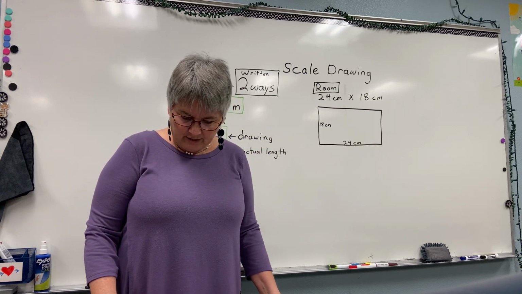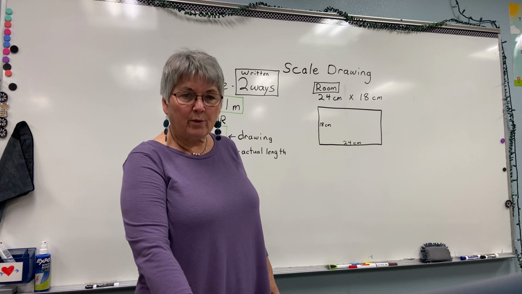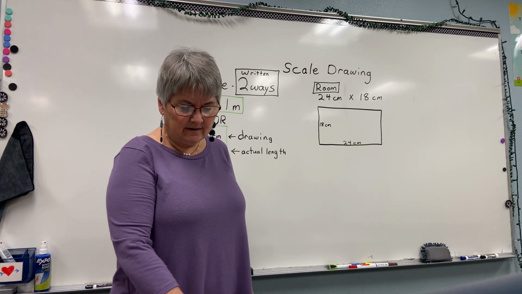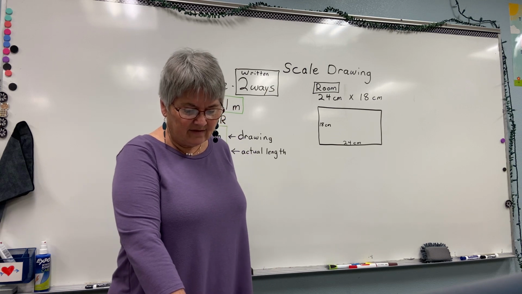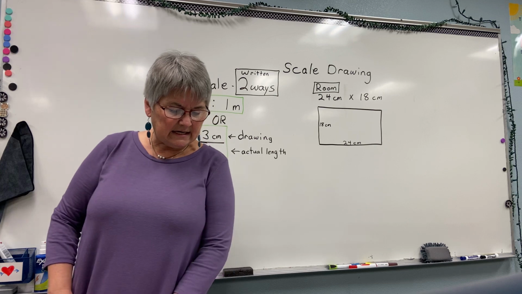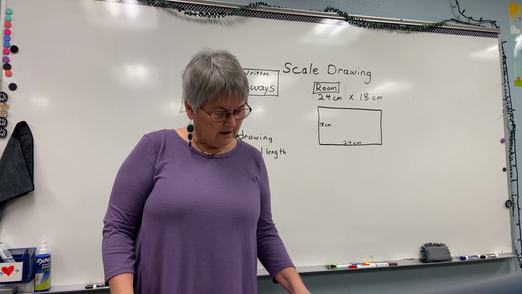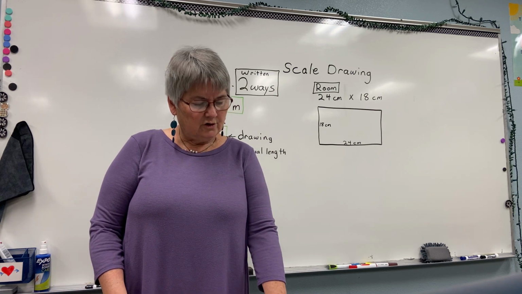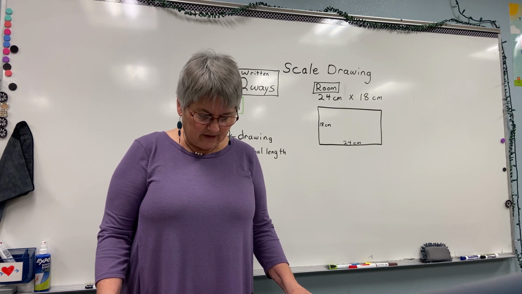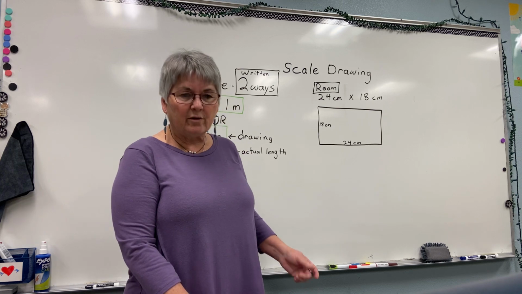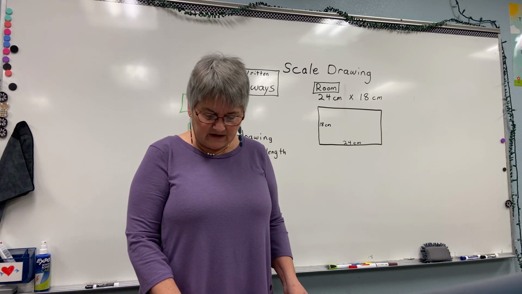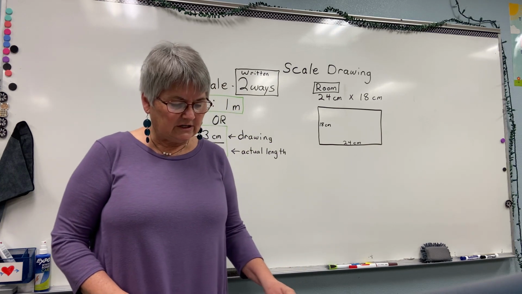Circle number 1, 3, 5, 7, 9, 11, 13, 15, 17, 19. Turn the page. 25, 27. And then in the review, do number 43, 44, 49, 50, 51, and 52.